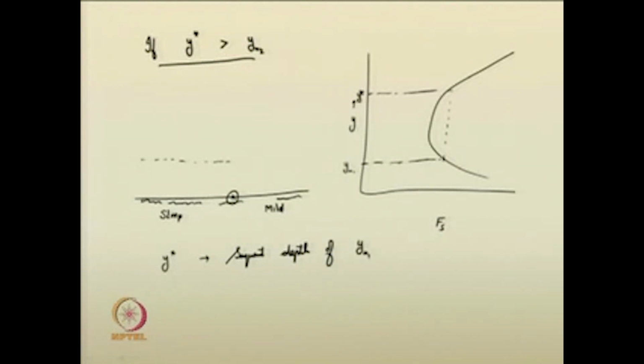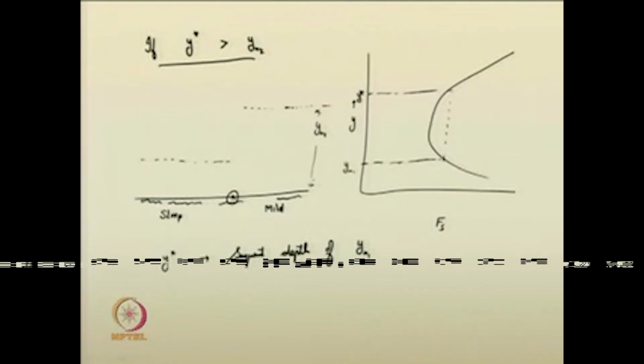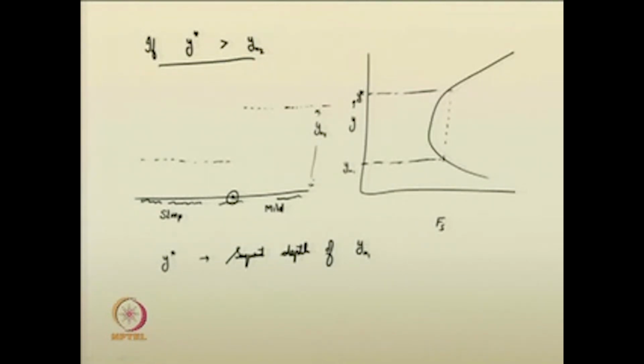If this is available, and it happens in such a way that the normal depth yn2 is less than y star, or y star is greater than yn2, how does the flow get adjusted?